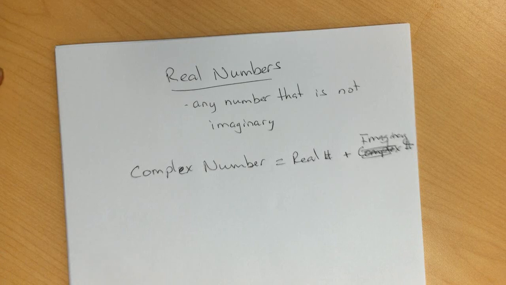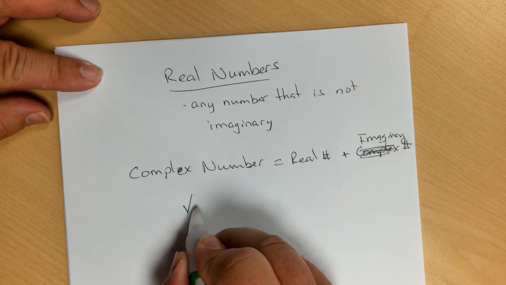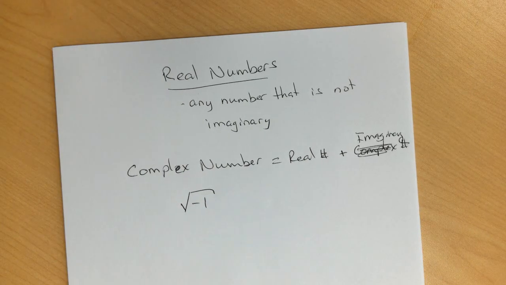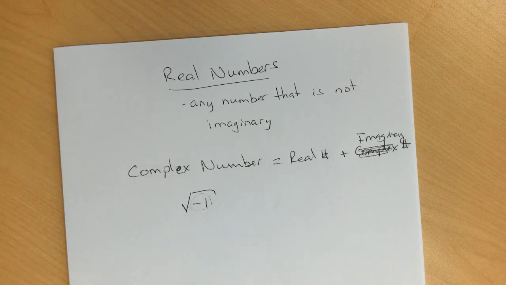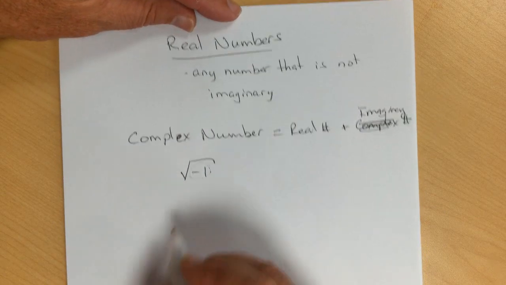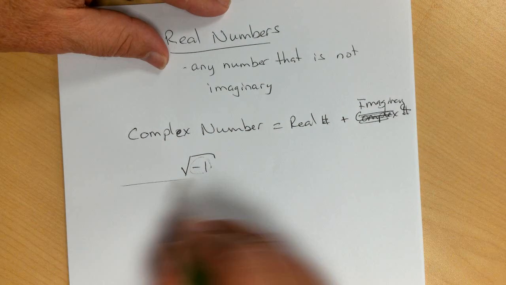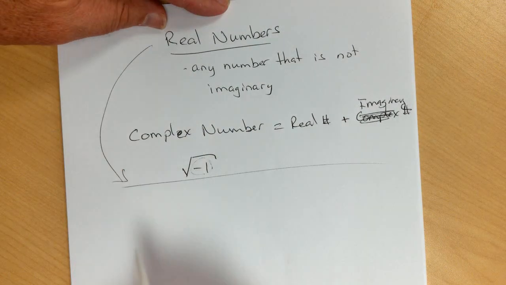Imaginary numbers are just that, like the square root of negative 1. Doesn't exist. Because what number times itself gives you a negative 1? There's nothing. So it works, it exists, but it doesn't exist. The real numbers consist of these real numbers.